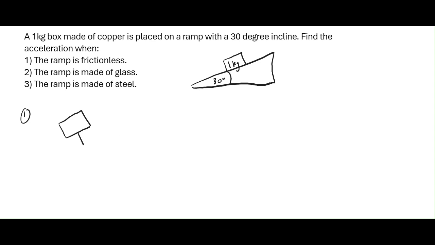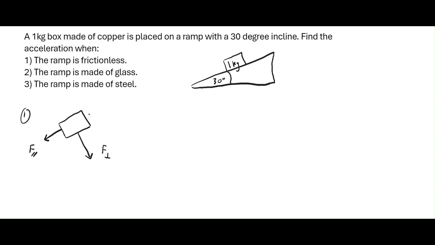So we can break that force of gravity up into two parts, one that goes straight into the ramp and one that goes along the direction of the ramp. And let's call this the perpendicular part of the force and the parallel part of the force. And that's the gravitational force acting on this block.